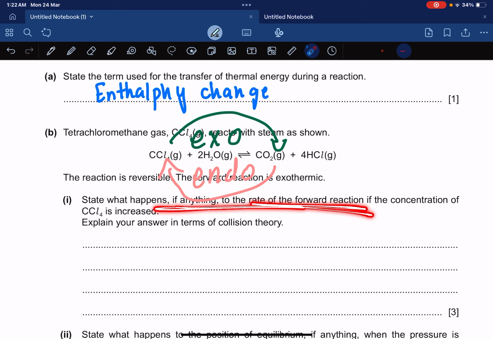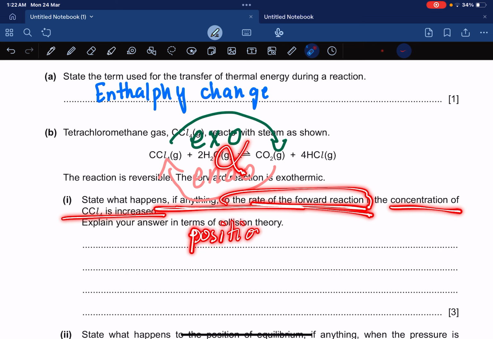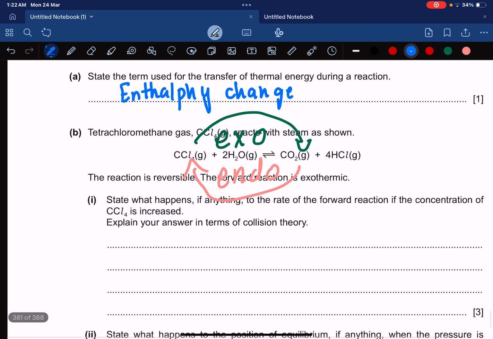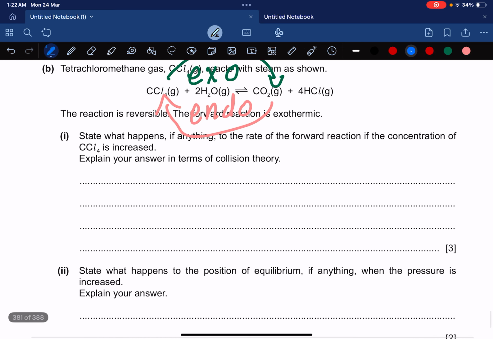Always remember that increasing concentration will increase the rate. You don't have to write that the equilibrium shifts forward. That is not to be written in this question. That would be different if they asked about the position of equilibrium, but they have asked about the rate. So increasing the concentration will increase the rate, and you're going to write that the rate increases.